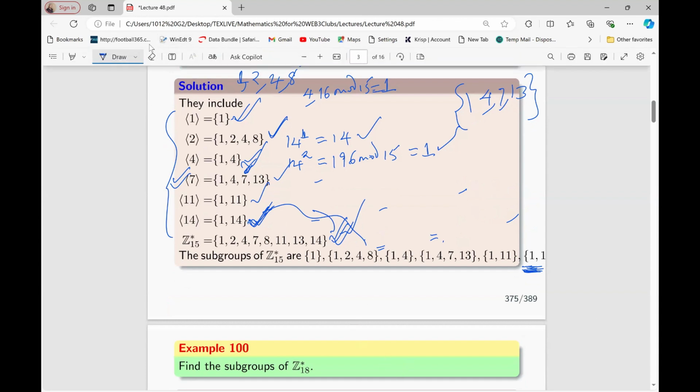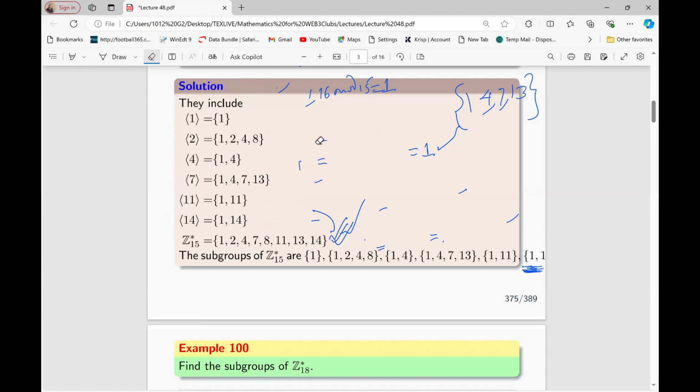But that is how you get subgroups of a multiplicative group. I'll do the last example for that, and then we'll look at how to write the code. And of course, we've already seen the types of functions we require in that code, and what each of the functions will be doing, so that we come up with the subgroups.